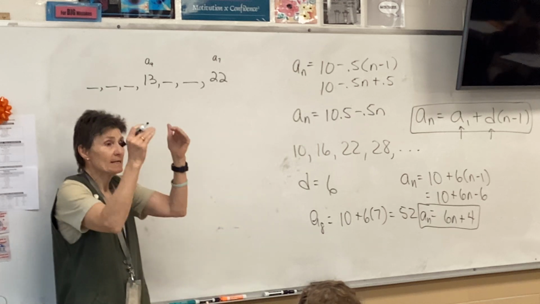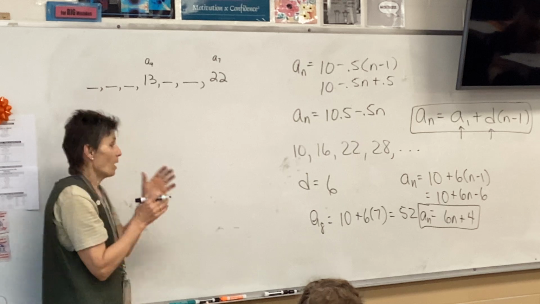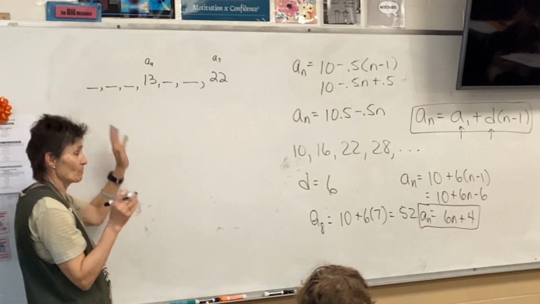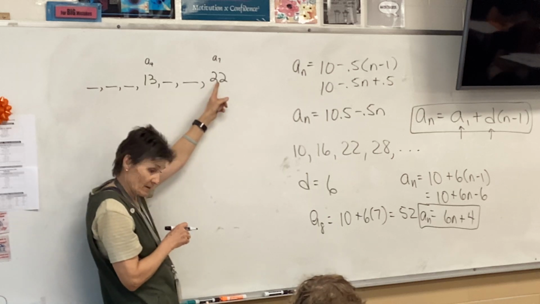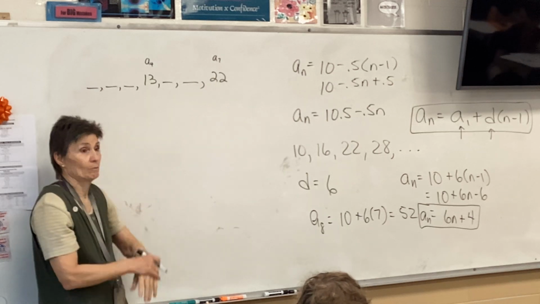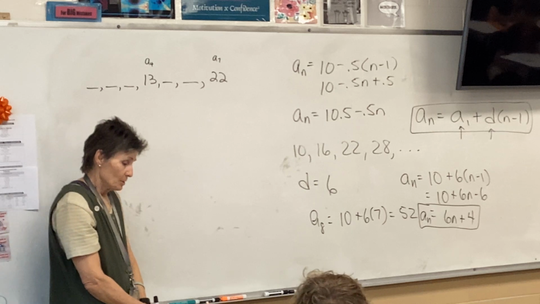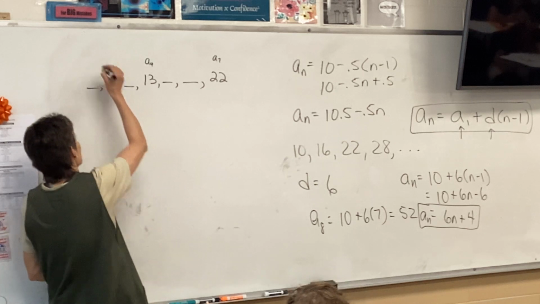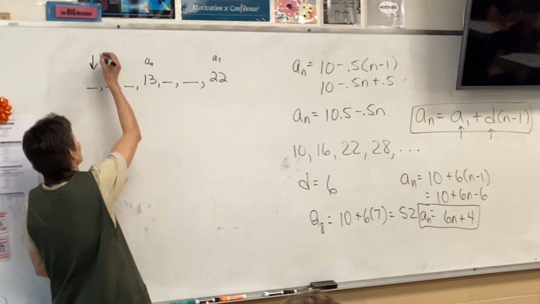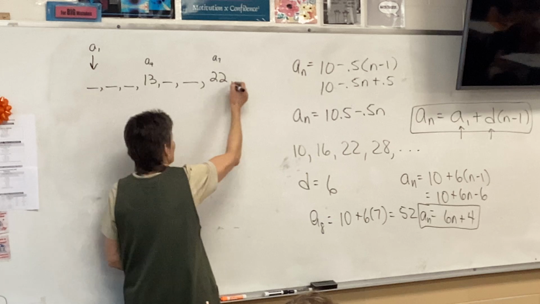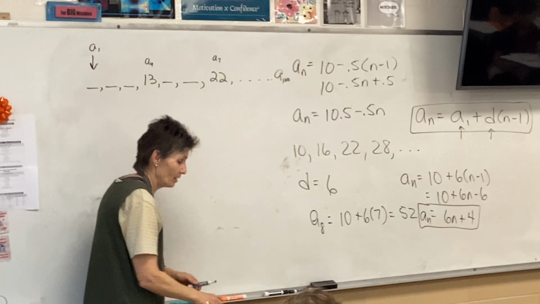So remember, a sub 4 means fourth term. So I don't know what the rest of these numbers are, but I know the fourth one is 13, and the seventh one is 22. Your job is to find this term, that's the first term, and the 100th term. Clear out there, the 100th term.